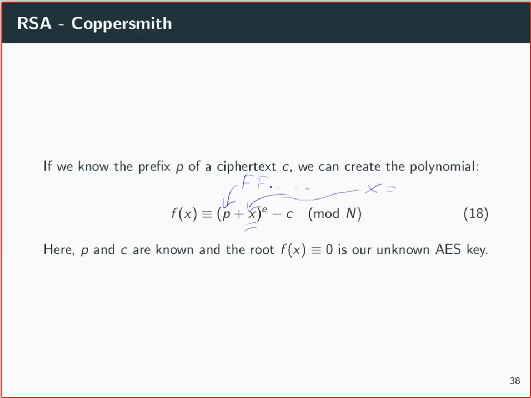If x is equal to the AES key, then the padding plus the AES key encrypted minus the ciphertext will be 0, since padding plus AES key encrypted is the ciphertext. So we can use Coppersmith's method to find the root for this polynomial, and the root of this polynomial is actually our AES key that we encrypted with RSA.